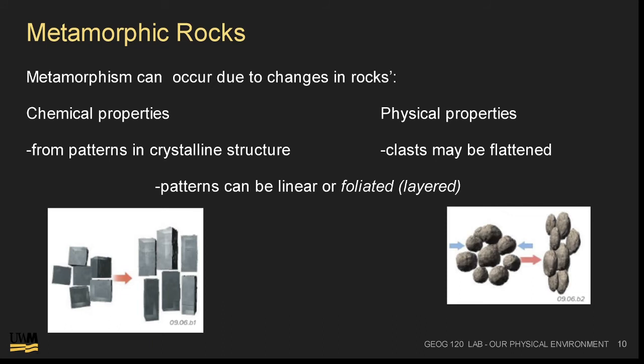Patterns can be formed in the compression to make linear foliations of these different layers. So there's that word again. And the chemical properties, you could take a whole course on that alone, but basically it can change the crystalline structure, or it can cause different chemical compounds to form, chemical reactions to take place.